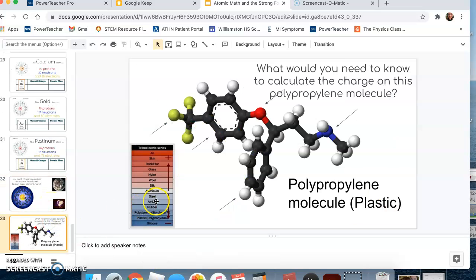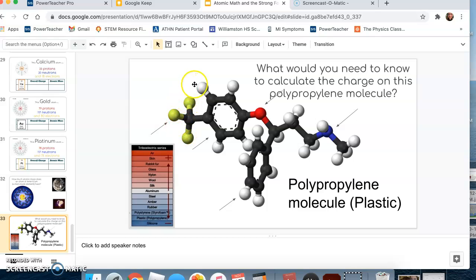And then this is a super fun challenge question. What would you need to know to calculate the charge on this polypropylene molecule? This is a bunch of atoms stuck together, and each one of those atoms could have a charge, but they kind of work their charge out with each other to some extent. So there's a lot you would need to know to find out about the charge on this polypropylene molecule to make this relevant to the world around us, right? Polypropylene is plastic. You might want to know what atoms are here.